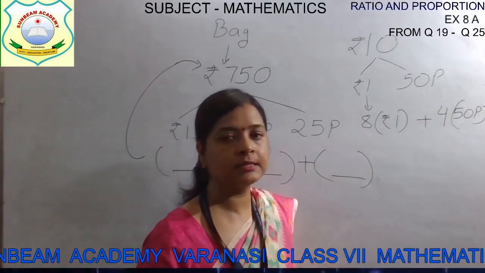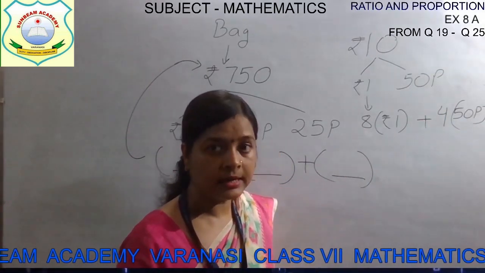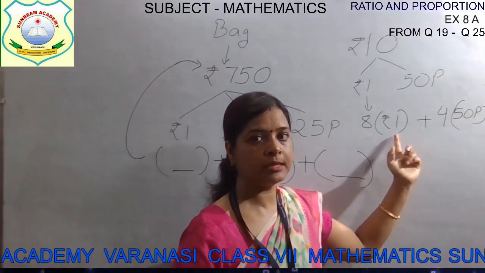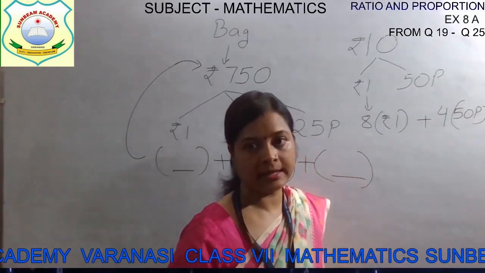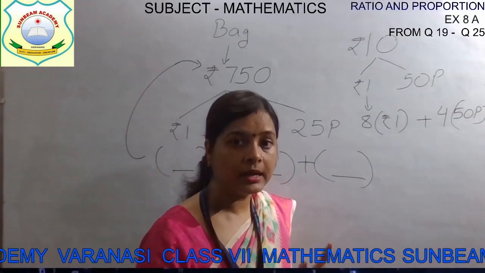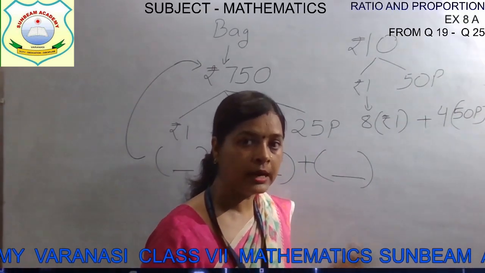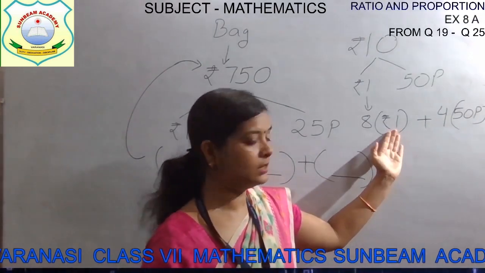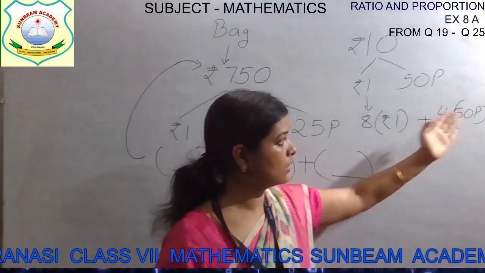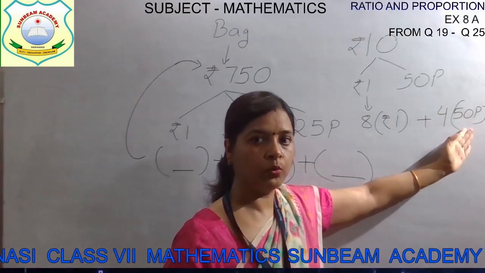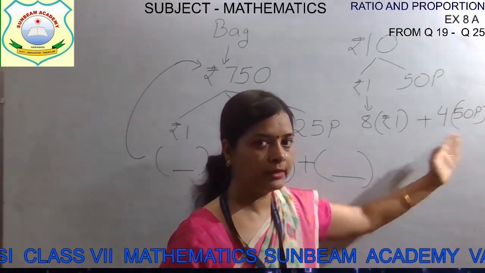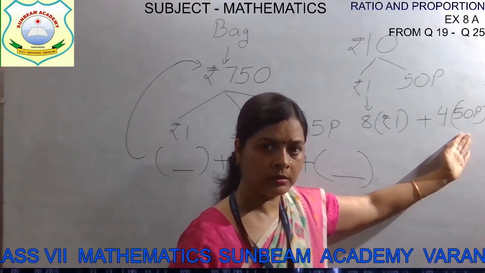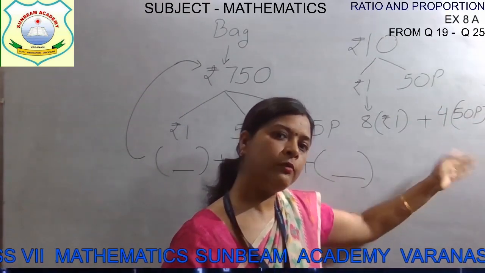But one thing you have to understand here is that there are different denominations. It is 1 rupee and it is 50 paisa. So we can't add them, children. That's why we have to convert them into either rupees or paisa, so that both are in the same unit. Otherwise, one answer is in rupees and the other is in paisa, so how will you add it?